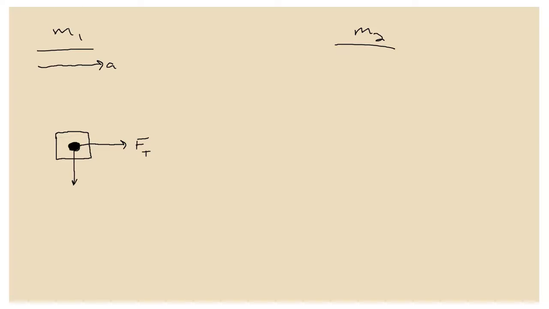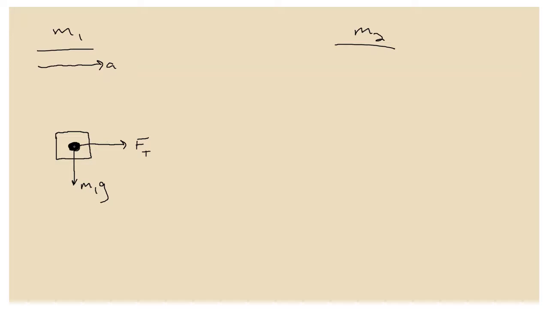And because this is object 1, we're going to call that M1G. You could label this FG1 if you want, but we might as well just start labeling it MG, because when we get to the equation part of this, that's the term we really want to end up using anyway, so we might as well not make an extra step for ourselves.